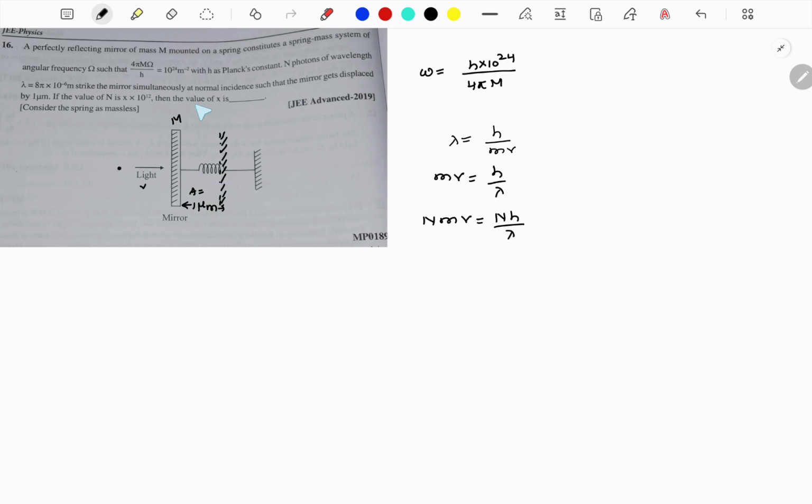But again, they have not said that the photons, after striking, are not coming back. They are coming back because they did not say that these photons are getting absorbed on this mirror surface, that they are getting attached.